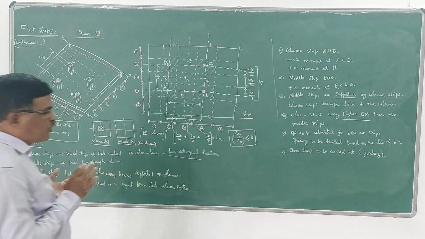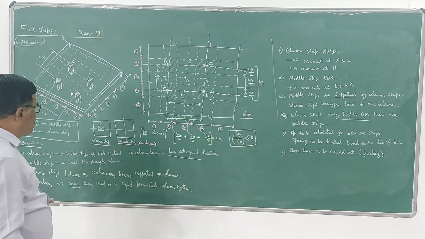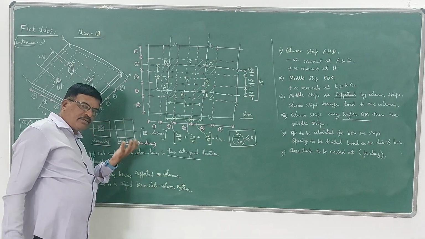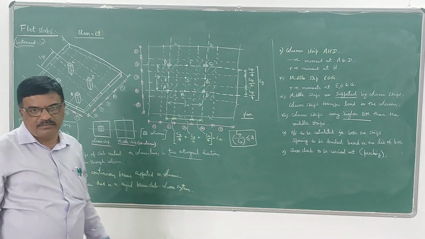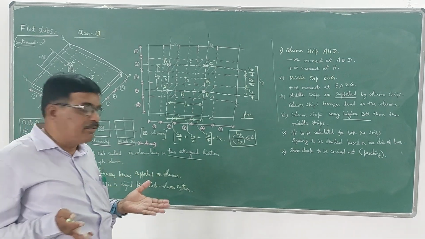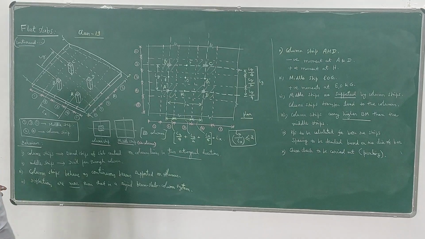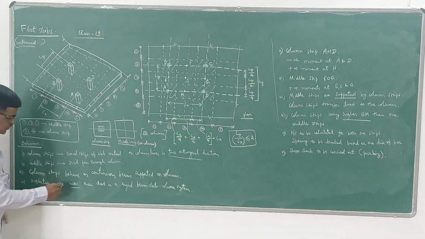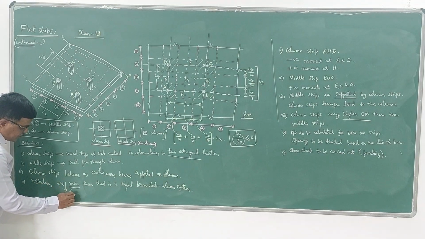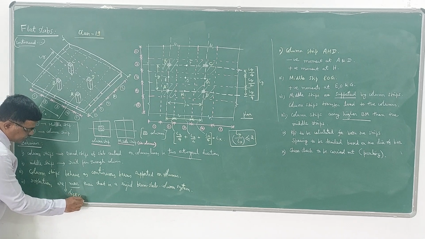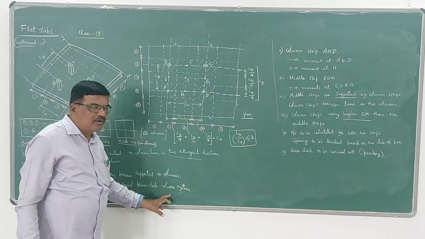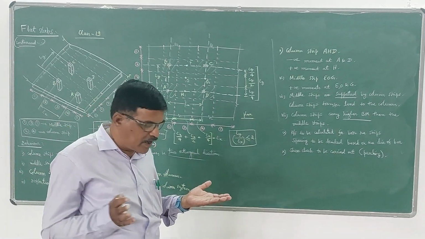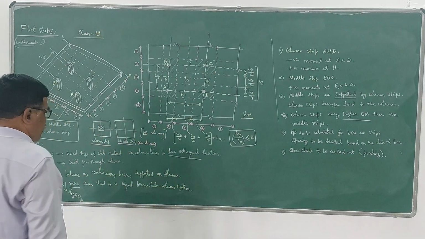Even though there are no beams in flat slabs, the behavior is similar to a beam slab column system, which is the general framed structural system. So deflections are slightly more than the rigid beam slab column system. Suppose in a building we have a beam slab column system.